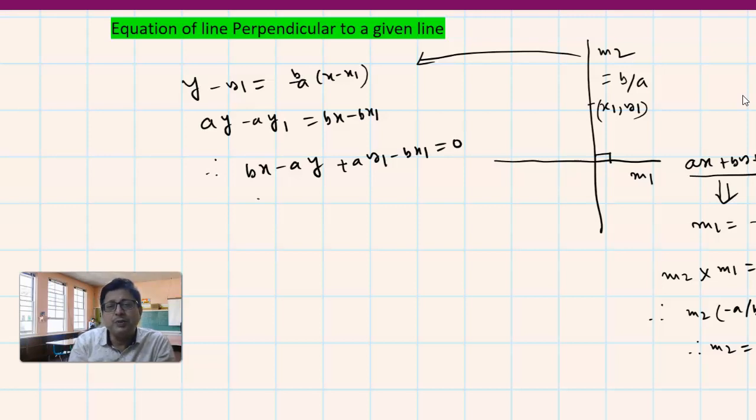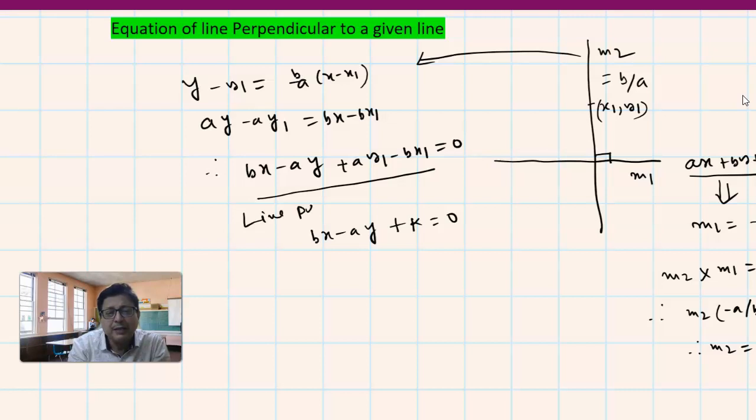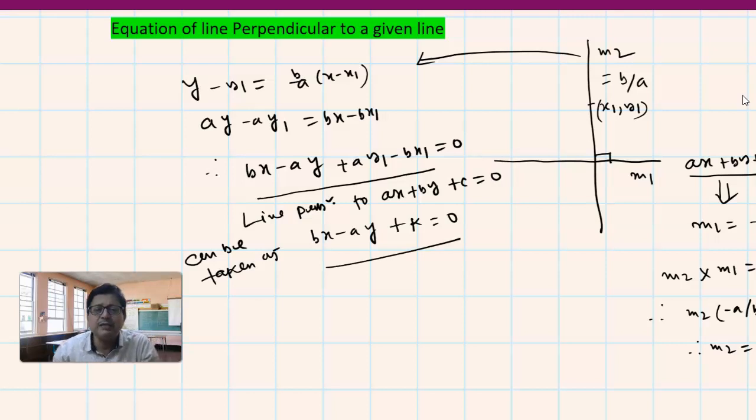Here the line is changed to bx minus ay plus some other constant. So keeping this in mind, the line perpendicular to ax plus by plus c equal to 0 can be taken as bx minus ay plus k equal to 0, replacing this thing by k.